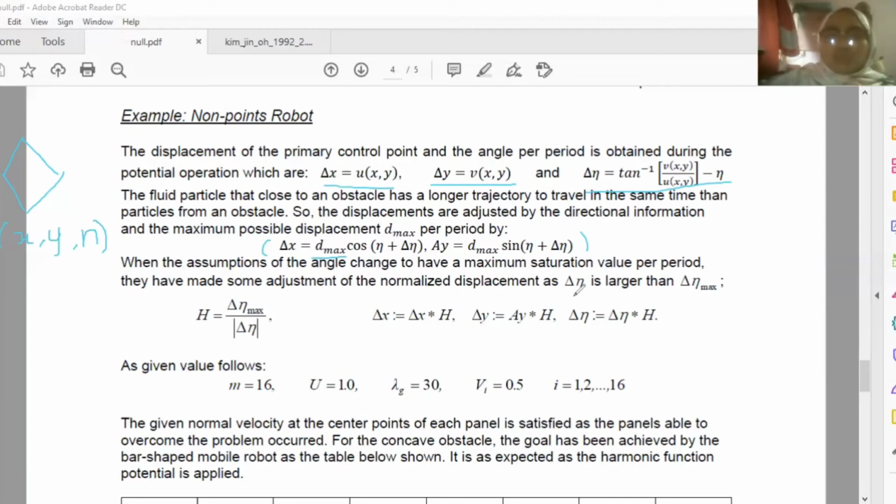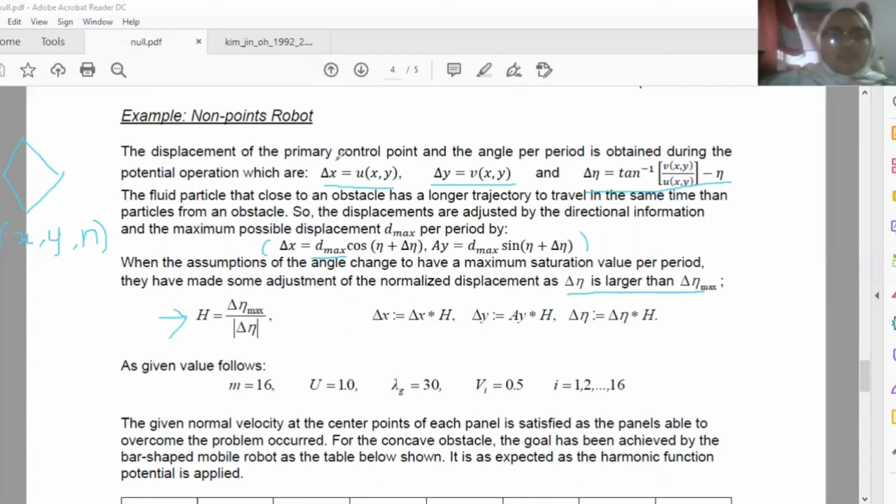We can conclude that delta eta is larger than delta eta maximum, so we have h equals delta eta maximum over delta eta, and when we substitute into the equation, we have delta x equals delta x times h. We also have delta y equals delta y times h, and delta eta equals delta eta times h.